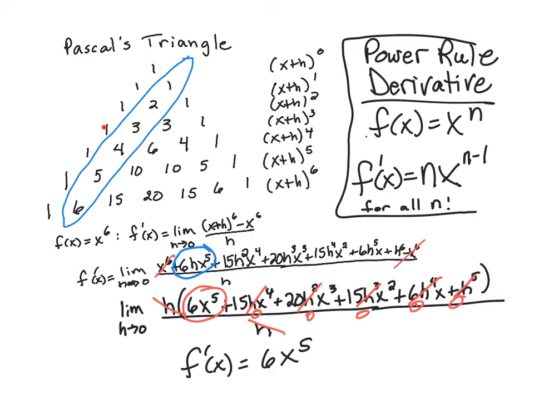You start with x to the third and no h's. This would be 3, there's one h and two x's. Then I have 3 with h squared and x to the 1, and then I end up with 1 h to the third, and there's no x's left.